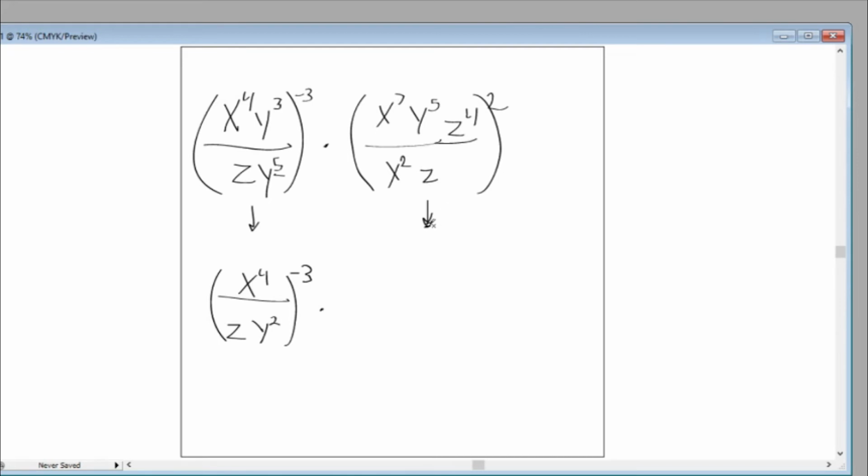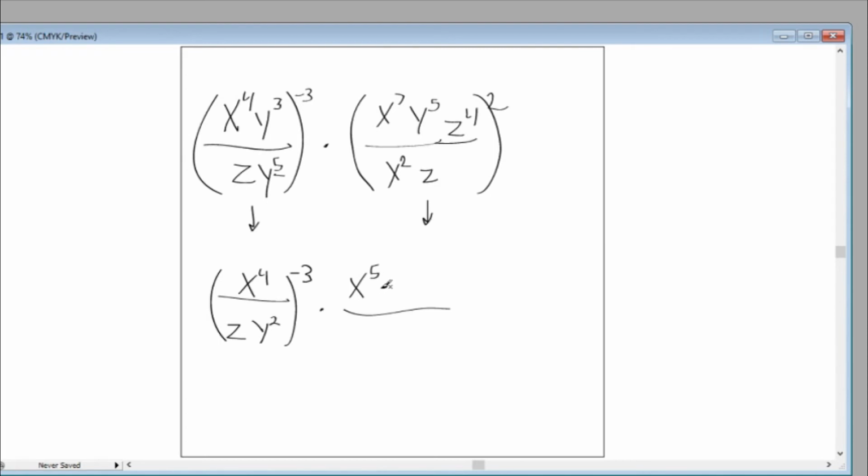Y doesn't have anything that matches up, but X and Z both have things that match, so we'll do those. X to the 7th divided by X to the 2nd. That gets us X to the 5th, and it's going to be on top because my larger exponent was on top.